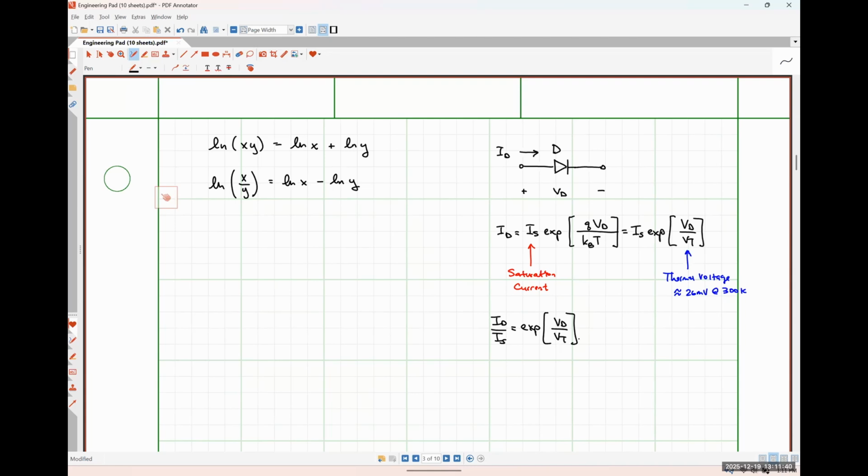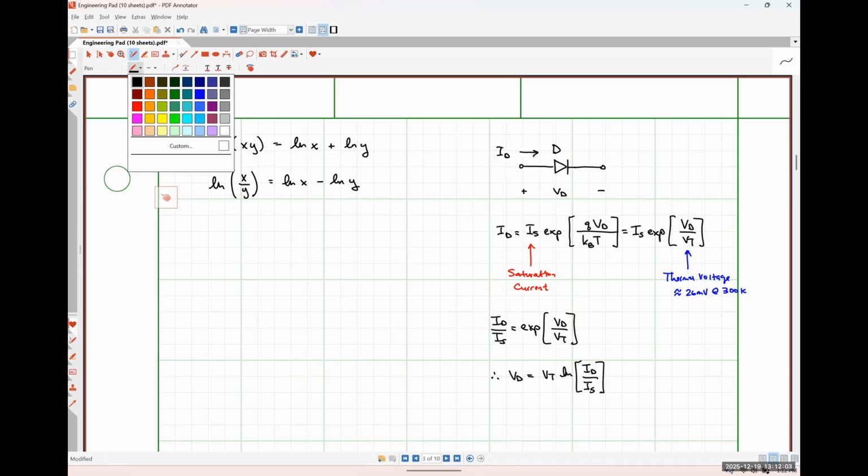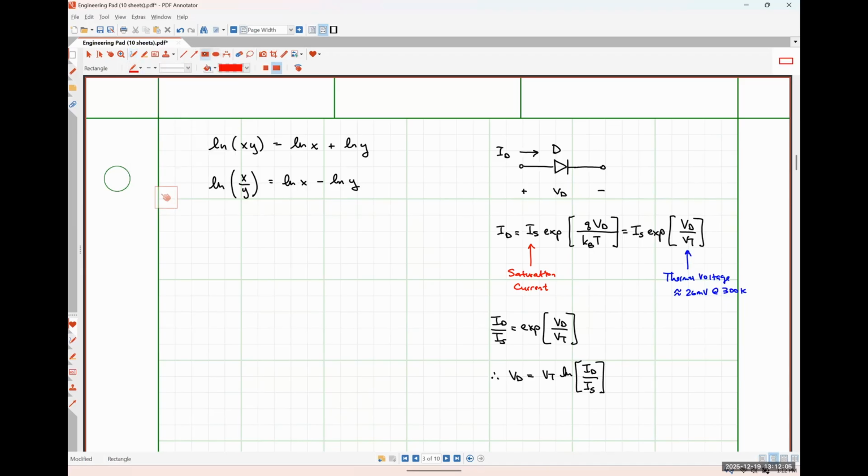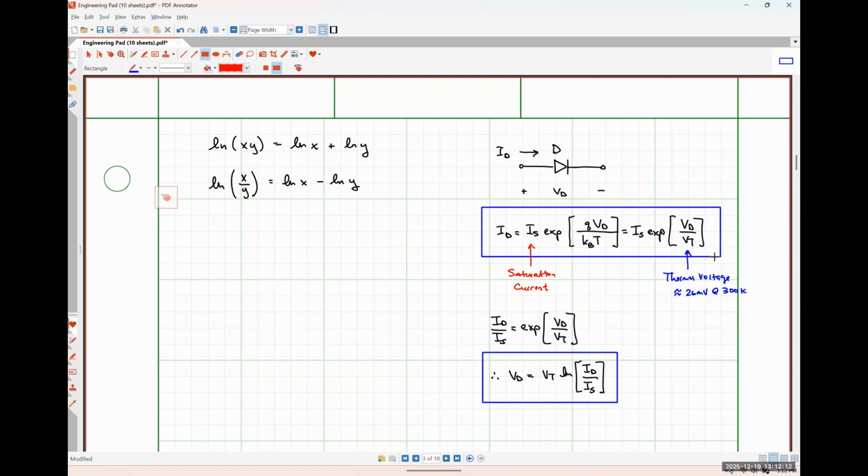If I take the natural log of both sides and multiply through by VT, what I find is that my diode voltage VD will be my thermal voltage times the natural log of my diode current over my saturation current. So let me just put a box around these relationships that we're going to wind up using. So this guy right here and this guy right here.